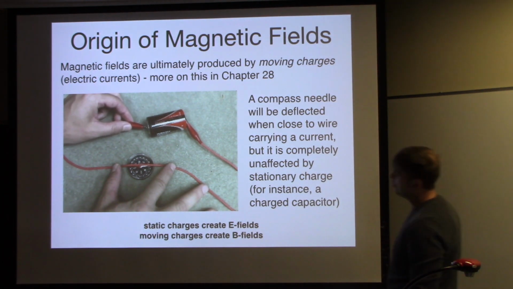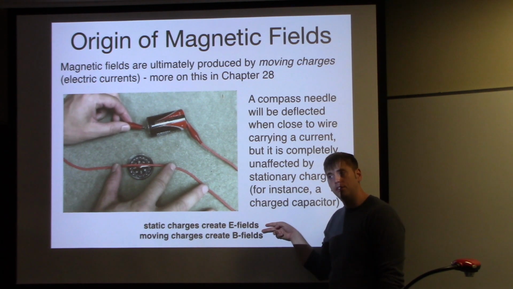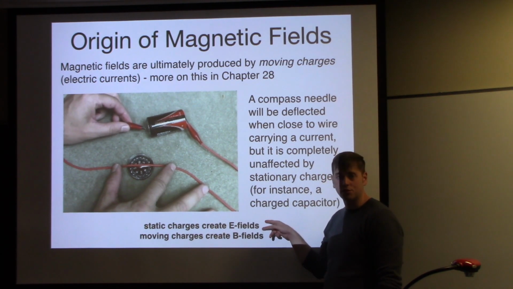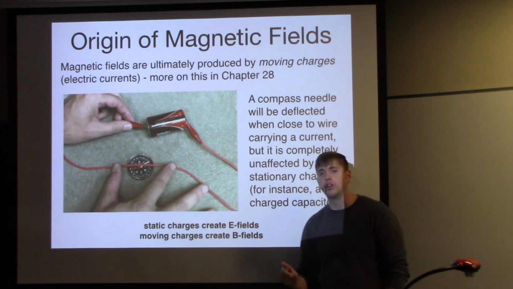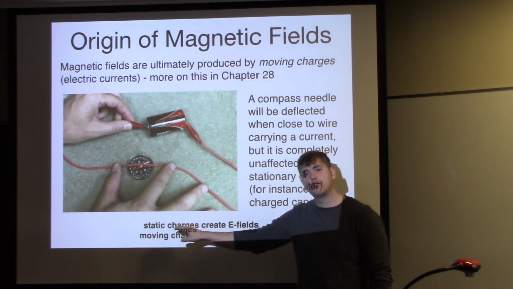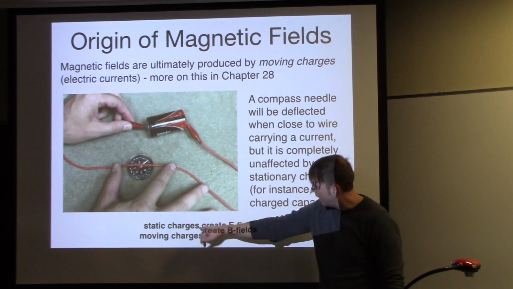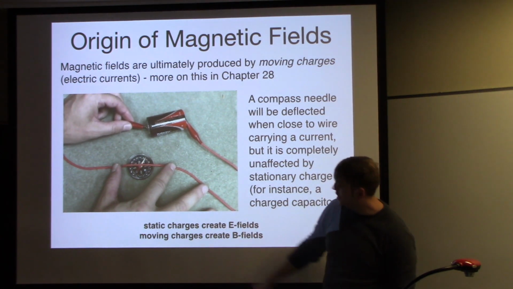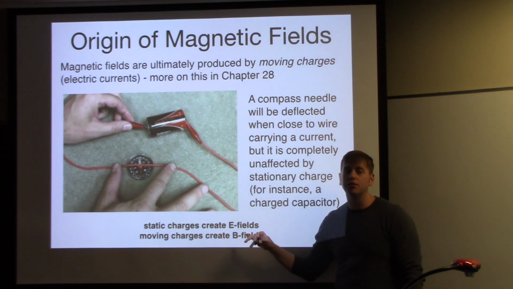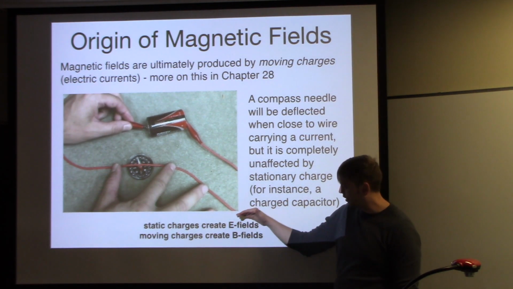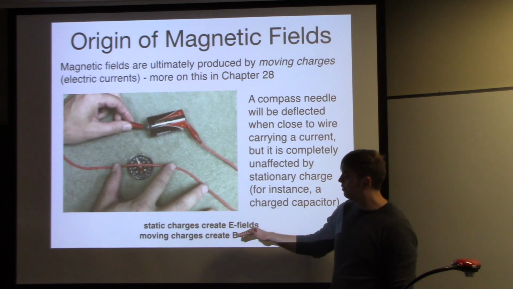And so, in brief, what have we learned in many chapters of electricity and magnetism so far? Well, one thing we learned way back in chapter 21 is that a static charge that's not moving creates an E field. And a moving charge, as we just found out, creates a B field. So that's the origin of electric fields and magnetic fields.